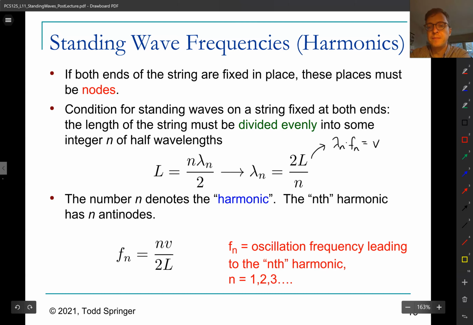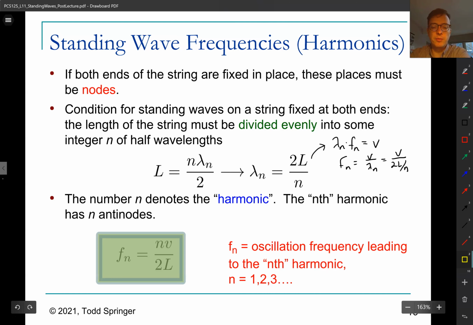So fn is equal to v divided by lambda n, which is v divided by 2L over n. And then if I put the 1 over n in the numerator, I end up with this formula down here.